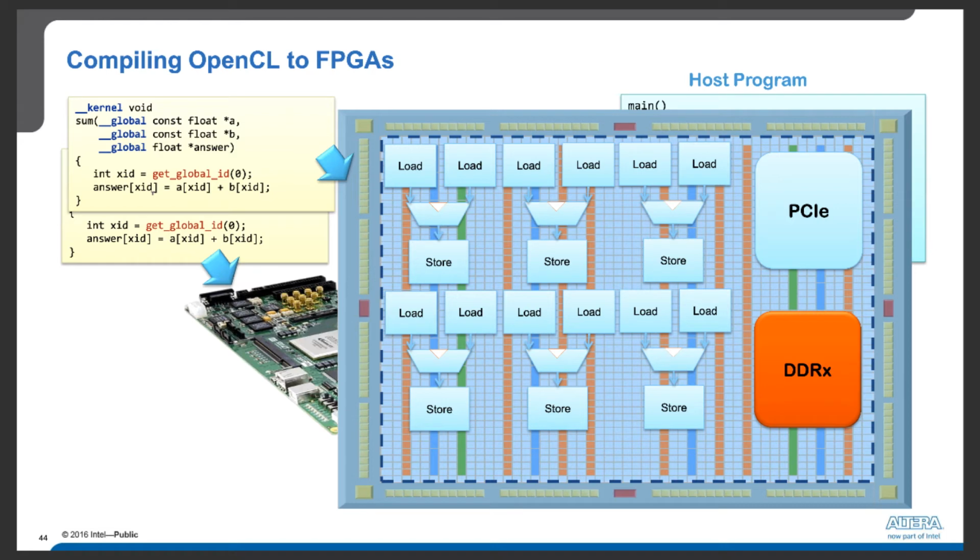And our goal is to execute multiple of these kernel functions. So when we map this kernel function into FPGA, we will see that for each of these kernels, we have resources allocated to perform load, to read operands from memory, and then we have an adder to perform the addition operation. The result will be stored into memory using this store unit.